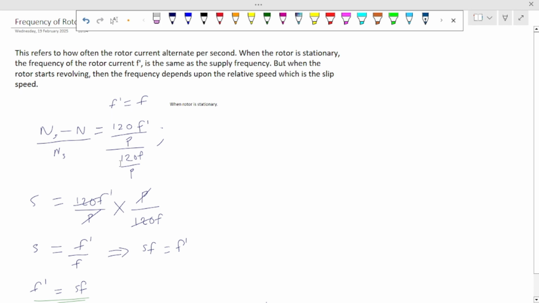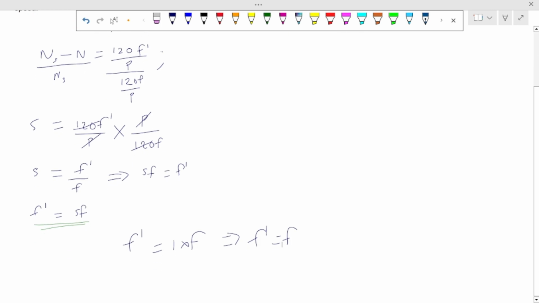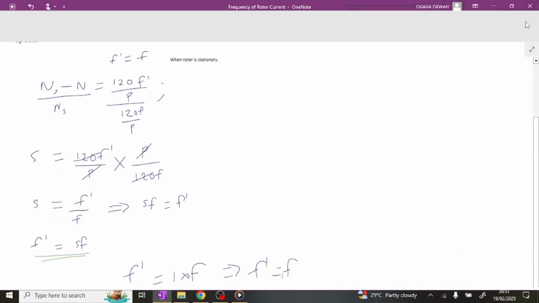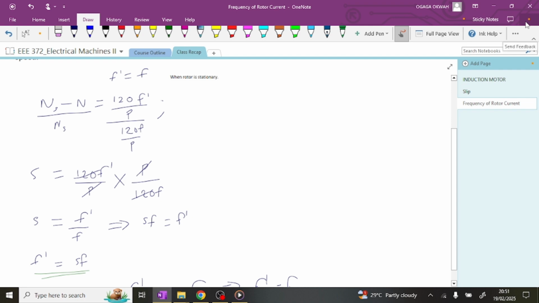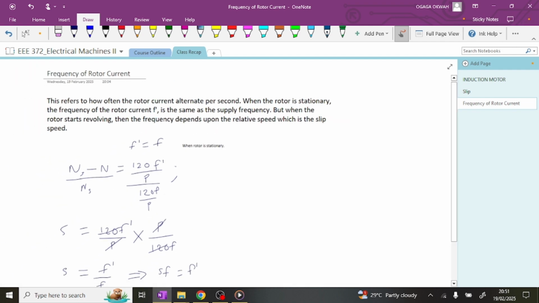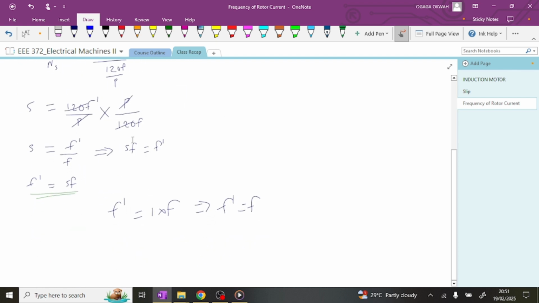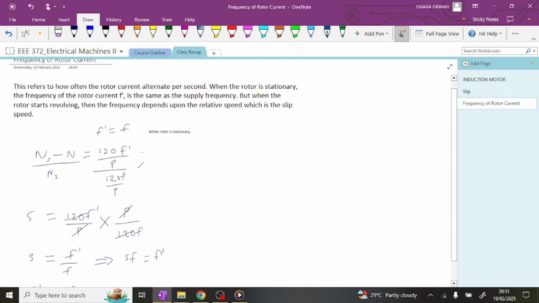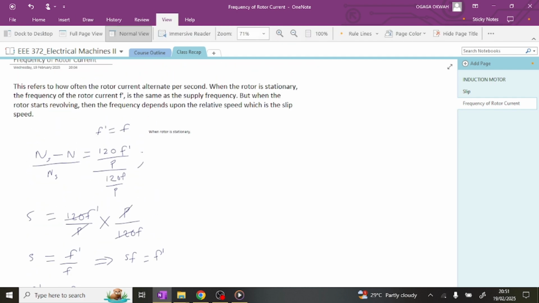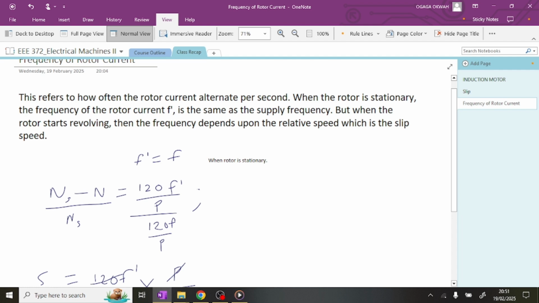All right, so that's it for this idea of frequency of rotor currents. We have to bear this in mind. You can always come back to this video or check other videos online to have this concept in mind, because we are going to need it when calculating our rotor speed. I just hope this video helps in one way or the other.